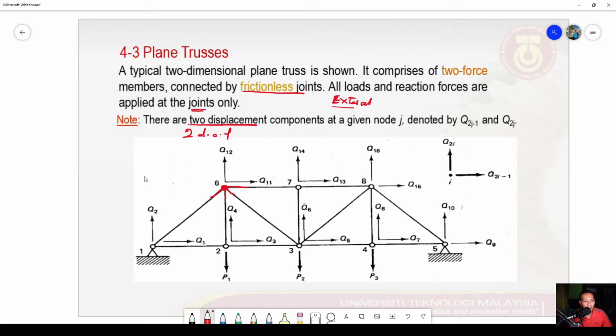That means if we are working on the x and y plane, and I take any joint on these structures, at one nodal point or joint there will be 2 degrees of freedom. That means this joint here is free to move in the x direction and also in the y direction according to these 2 degrees of freedom.